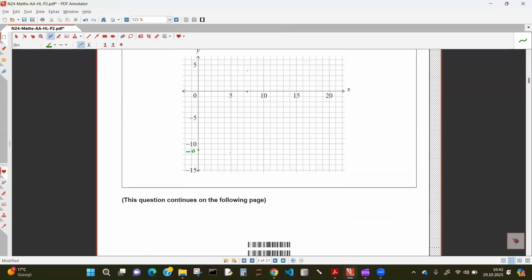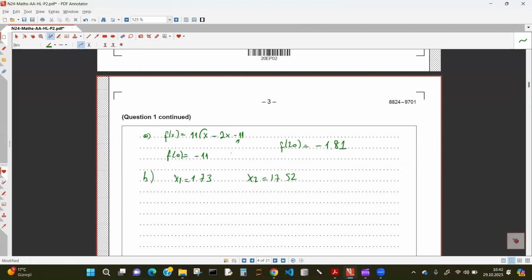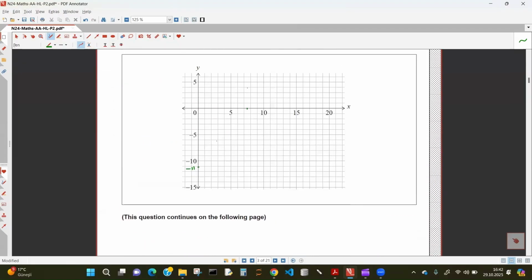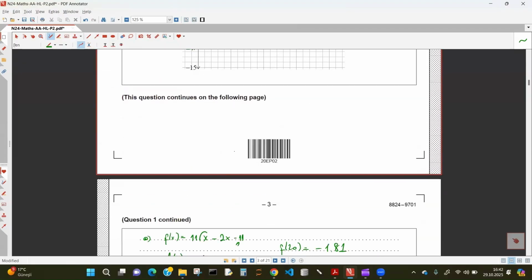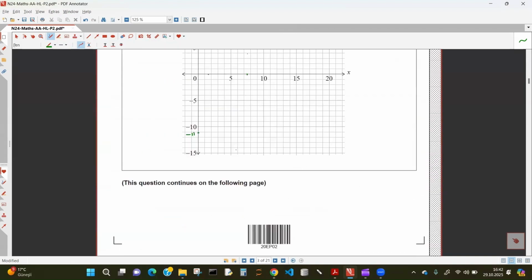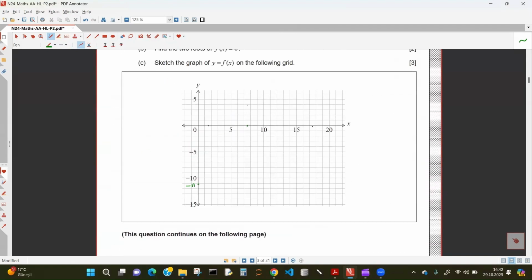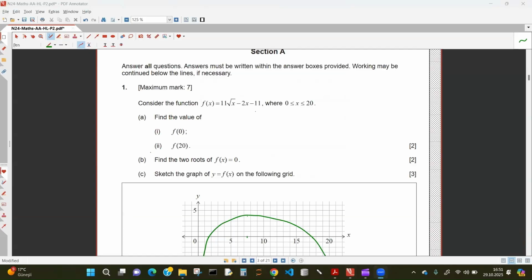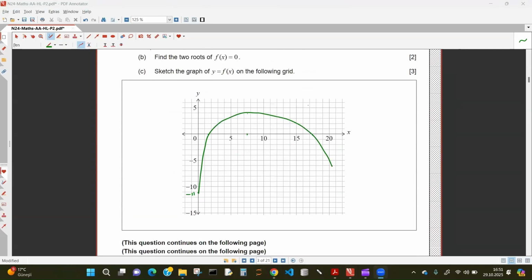And the roots were 1.73 and 17.52. Yeah, it will pass around like this. And don't forget that our domain is between 0 and 20, so the graph is going to go until 20 in this case.